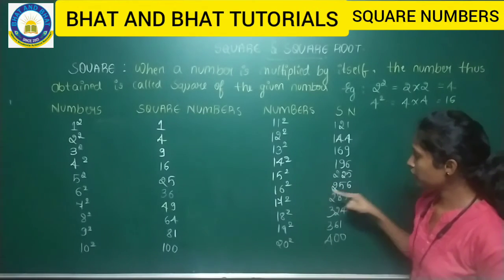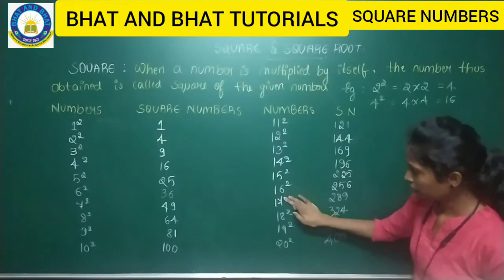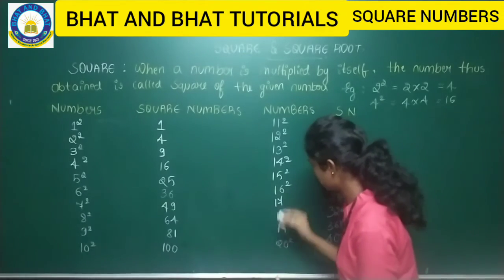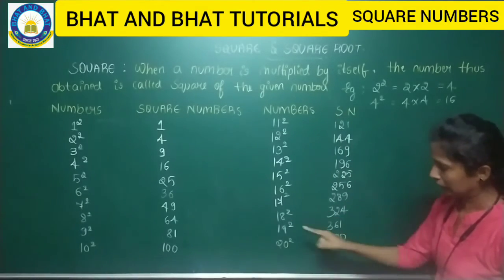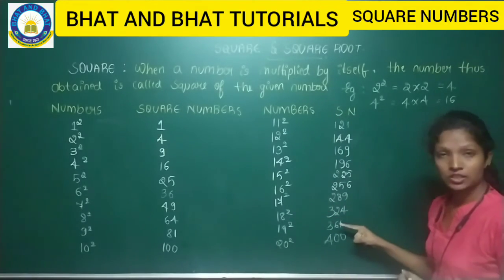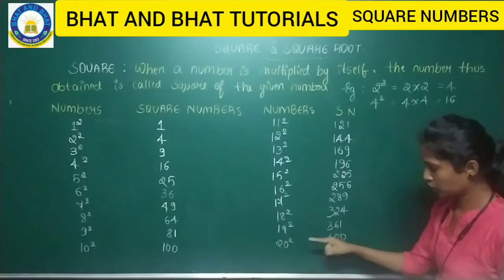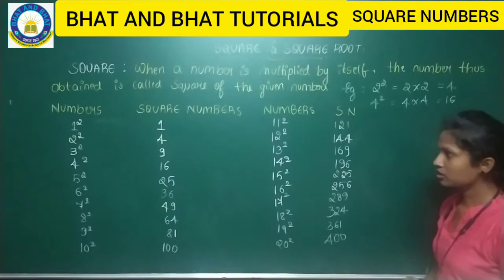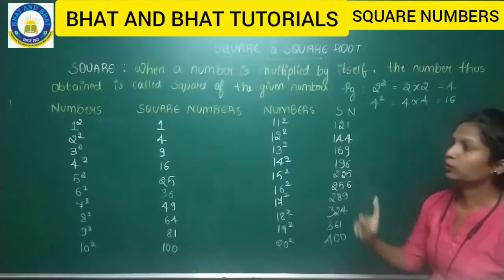For the number 16 the square number is 256. For the number 17 this is square, okay, don't get confused, it is square. For the 17 square it is 289. For the 18 square it is 324 and for the 19 square it is 361 and for the 20 square it is 400. So it is compulsory for you to know from 1 to 20.